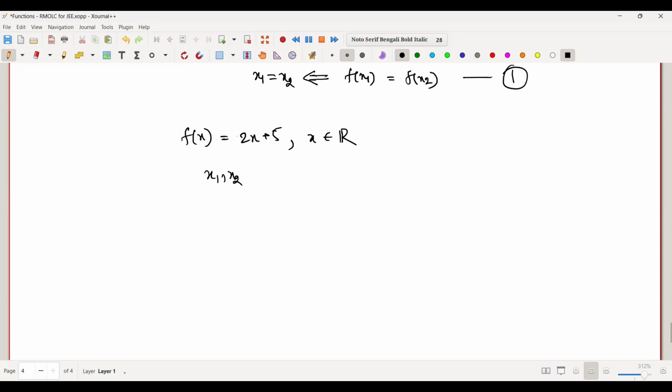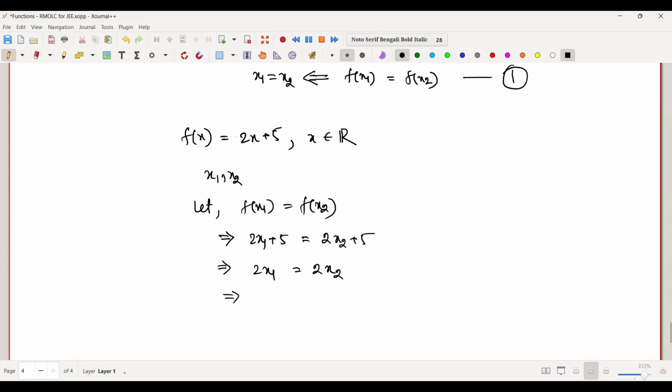For this example, we will first assume that f(x1) equal to f(x2). So if f(x1) equal to f(x2), it means that 2x1 plus 5 equal to 2x2 plus 5. This means that 2x1 equal to 2x2, 5 cancelled, and again 2 cancelled, so x1 equal to x2.